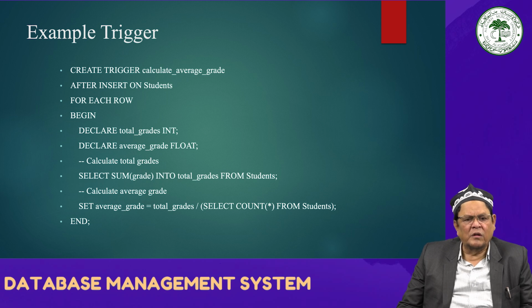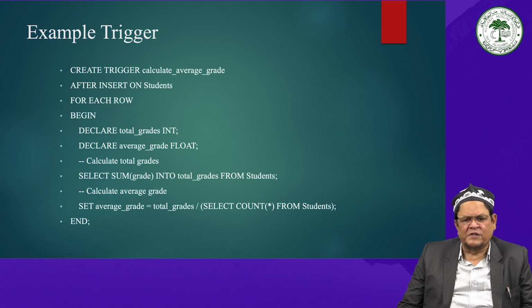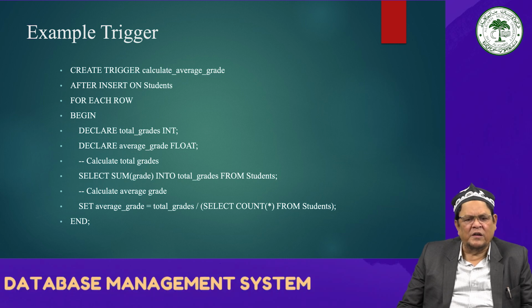In this example, whenever a new grade is inserted into the student table, the trigger fires, calculates the average grade based on all existing grades, and then updates another table with the average grade or displays it as output.